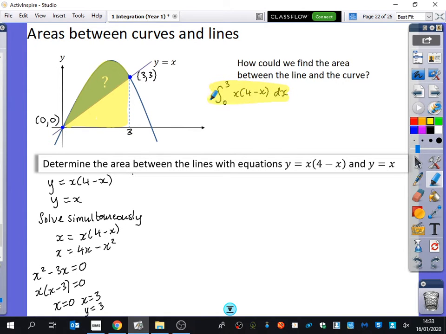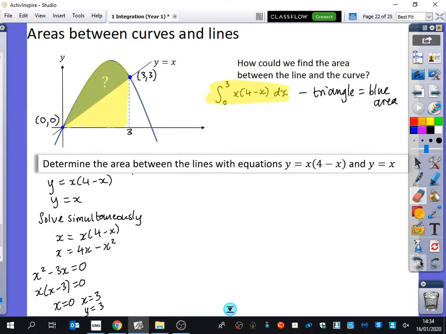Exactly. If I take away from that the triangle, I will get the blue area. So just imagine if you take the area of the triangle away, you clearly get left with just the blue bit that you've got there.